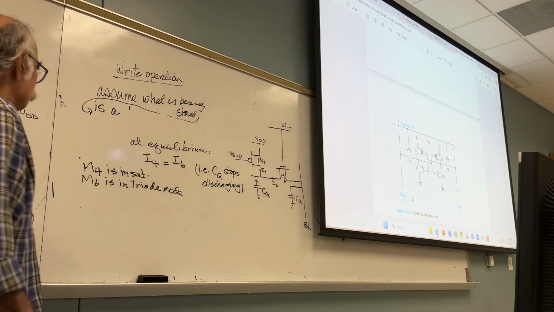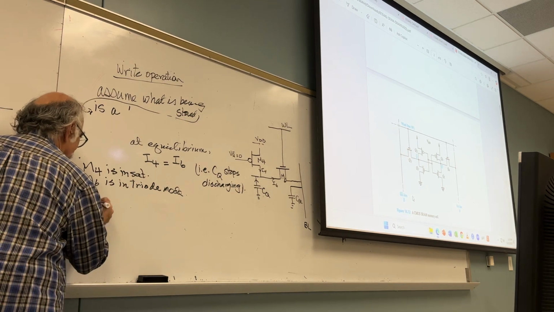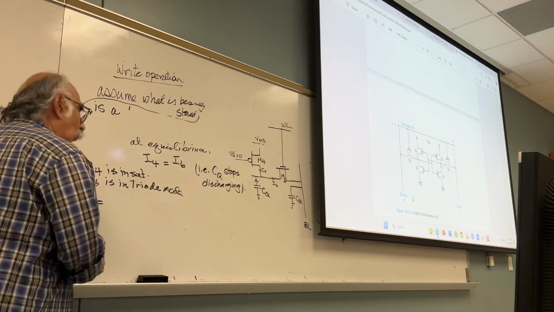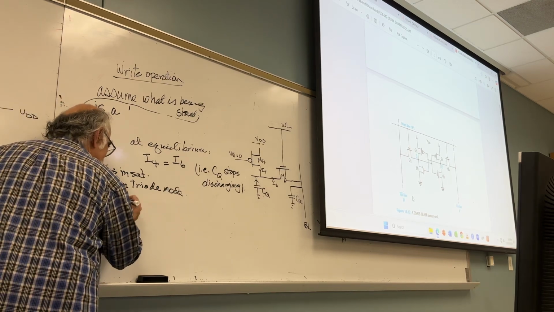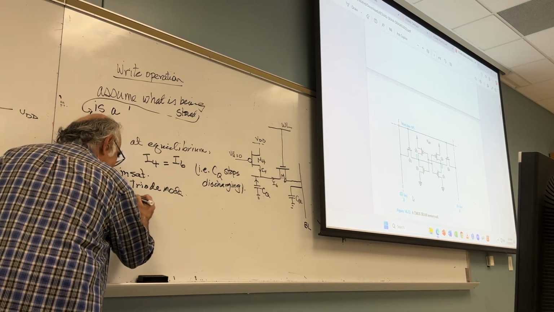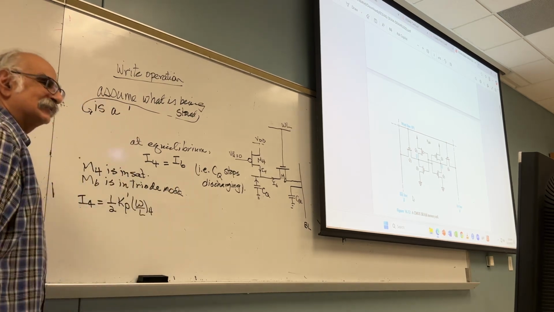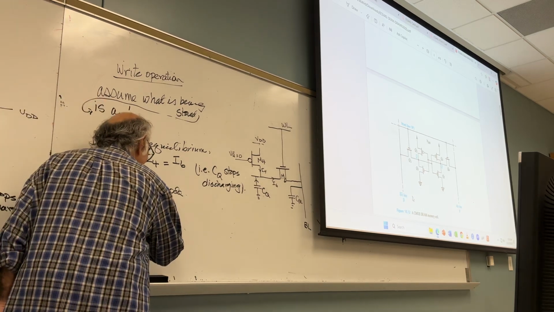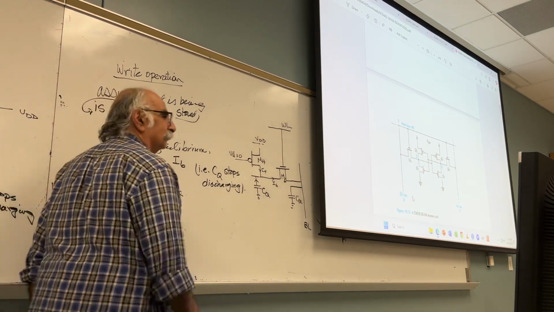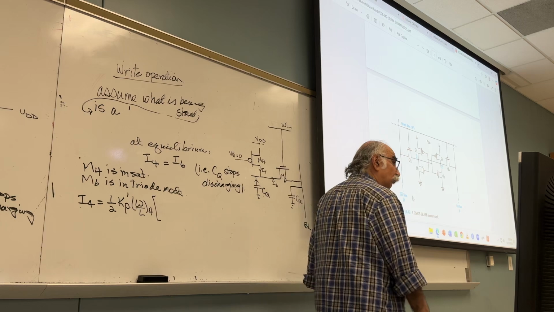Give me I4 first. 1/2 Kp prime W over L, times VGS, what should it be? M4 is in the saturation mode.